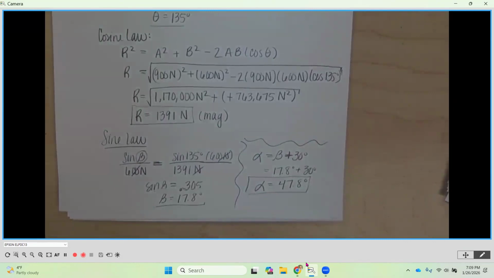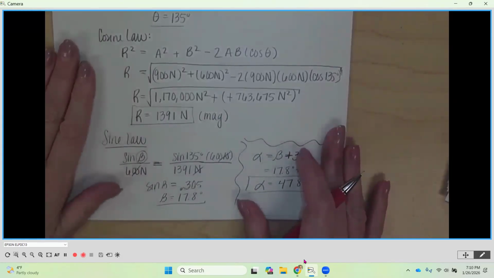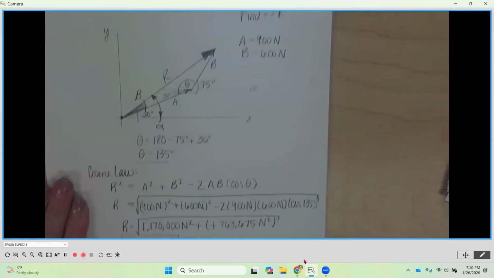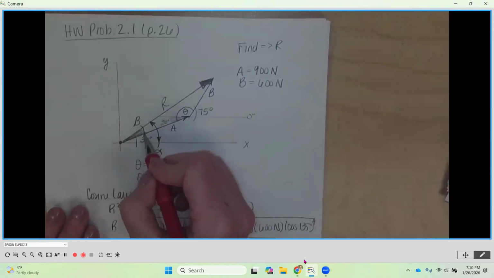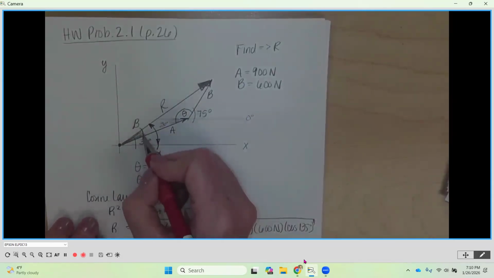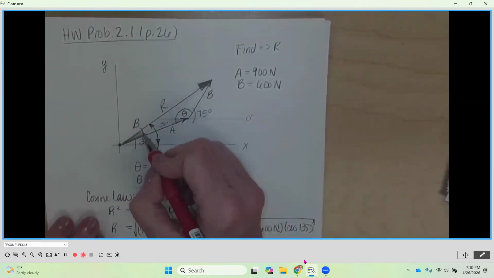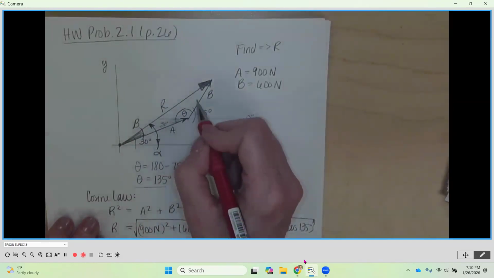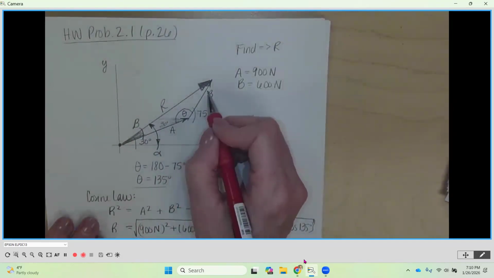Okay. And then why is that 600 there? How can I put that equation together looking at the diagram? So whenever you use your ratios for the sine law, the angle theta is going to be over the length of the side opposite, which is B here.